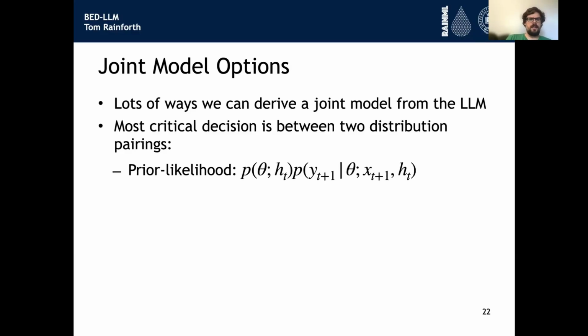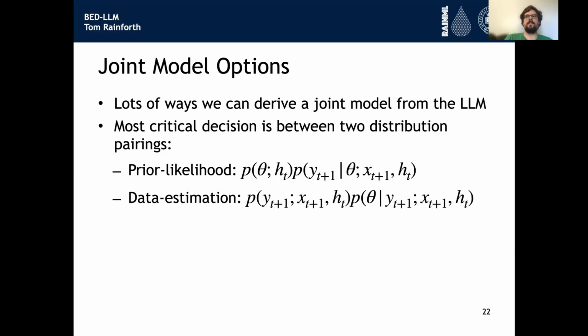The first way, and in some ways the most obvious way, is we set things up like a normal Bayesian model. We utilize the LLM to construct some kind of prior, and we utilize the LLM to construct some kind of likelihood. We put the two together, and that gives us a normal joint model. But there's actually an alternative, and the alternative is what I'll call a data estimation pairing.